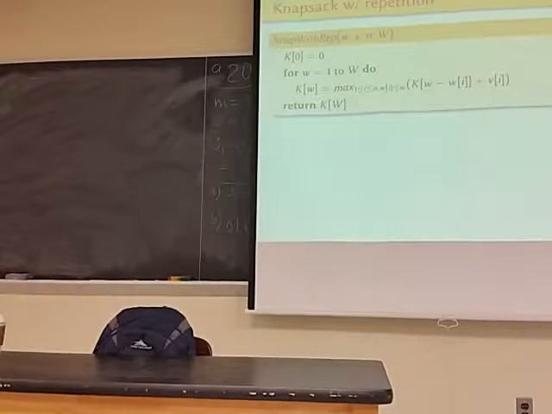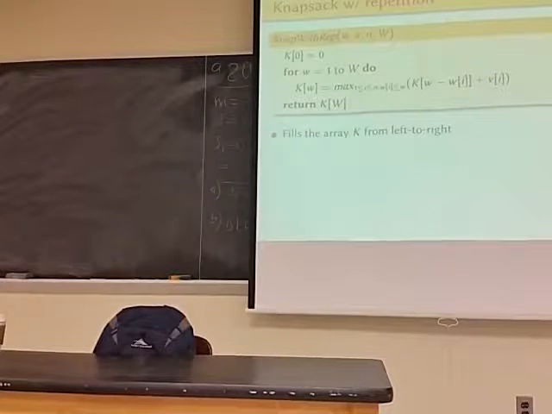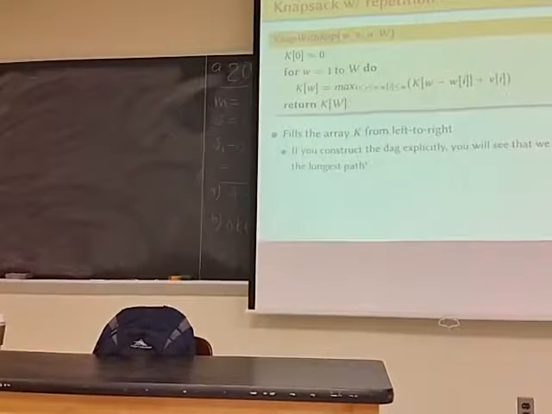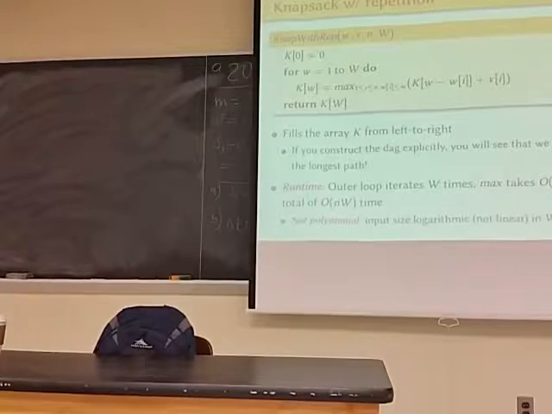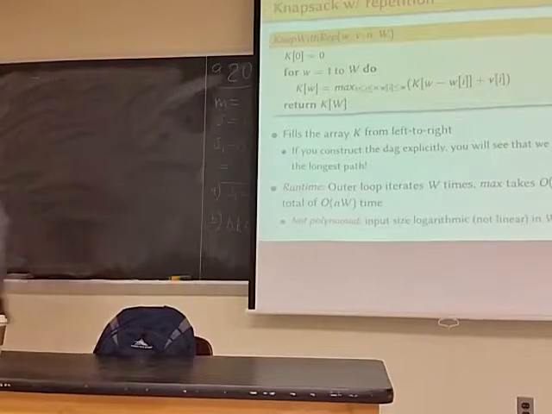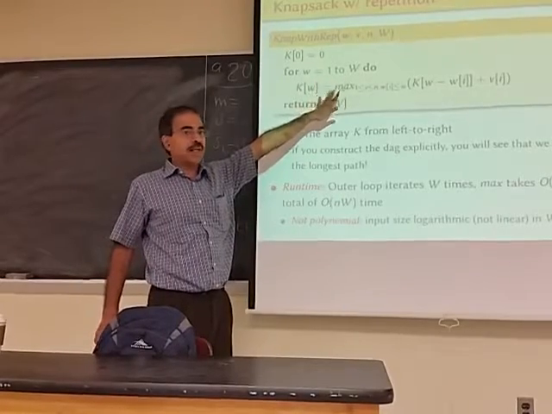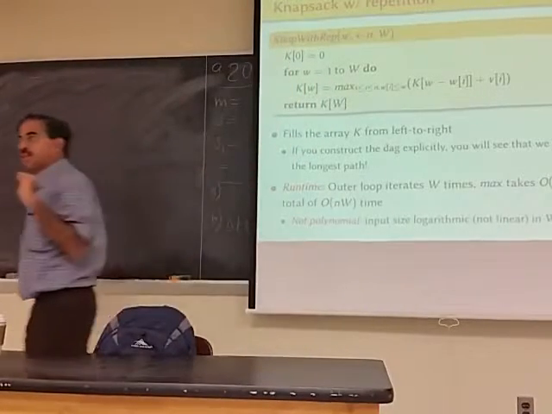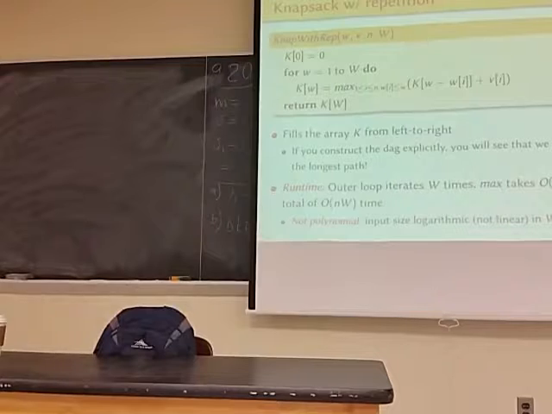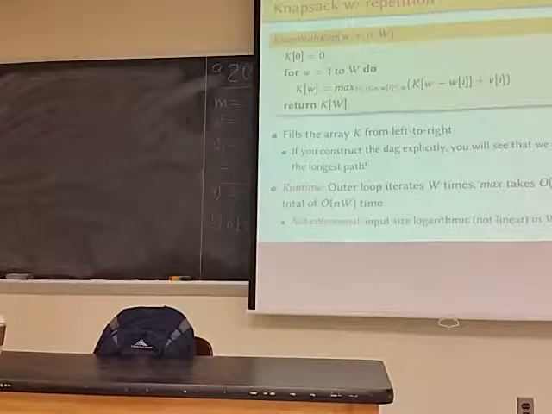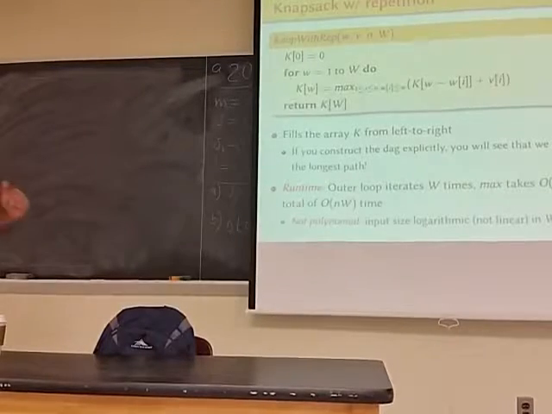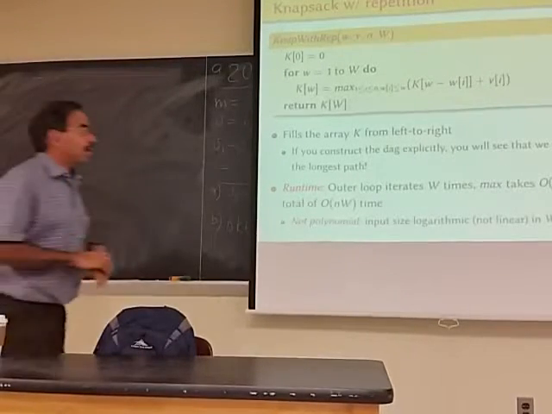So again, this algorithm allows repetitions, which simplifies the structure a little bit. You don't have to remember at each iteration what items you have chosen already, because if you have a 0-1 knapsack, then you will have to keep track of the items that you've already picked, because those are no longer available.